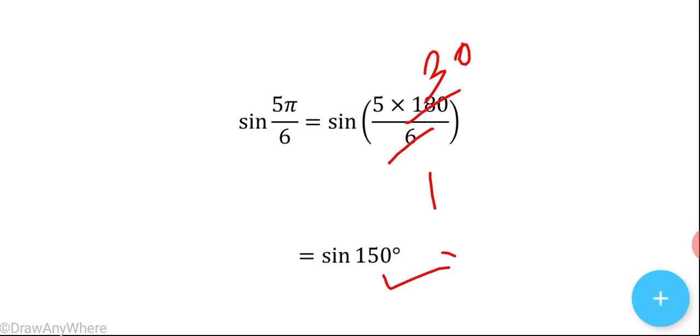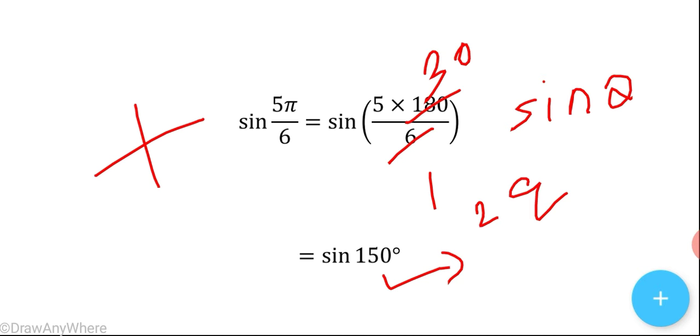So 150 degree means second quadrant. In second quadrant sin theta will be positive. In the second quadrant, sin theta and cosecant theta are positive. The remaining trigonometric ratios are negative.